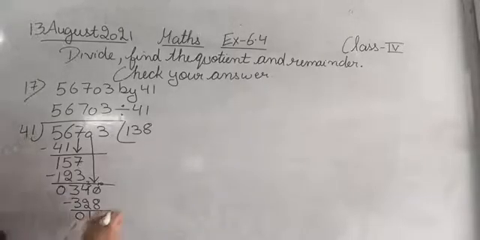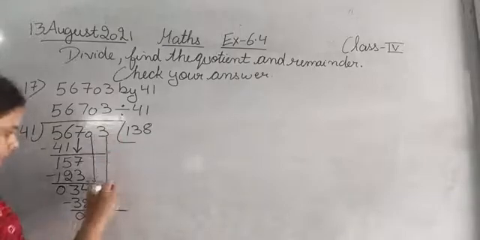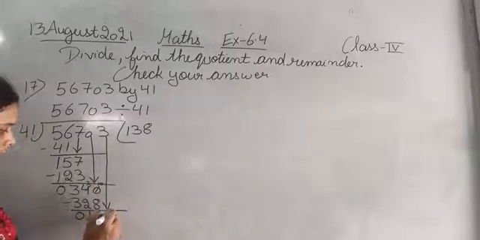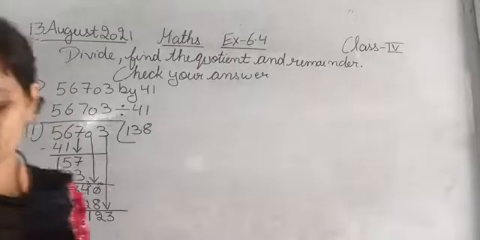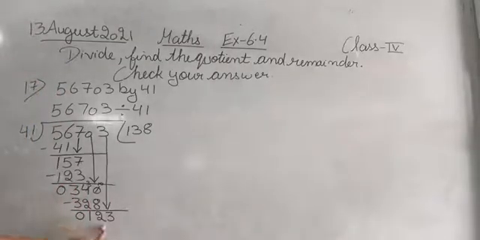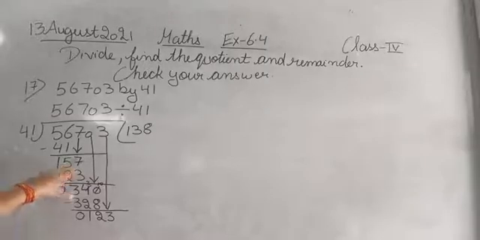Now bring down the next number, that is 3. Okay. So now we have to read the table of 41 where we get 123 or less. You will remember here we did 123, that is at 3.